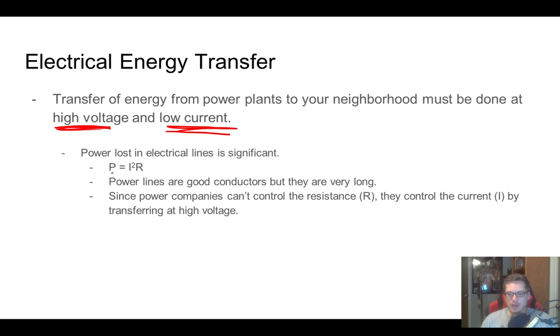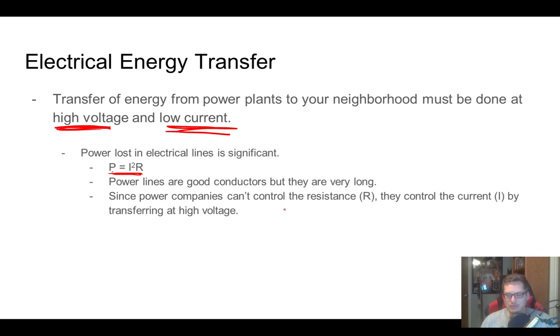All right, and we know power. This is one of the ones we derived a couple of slides ago. Power is equal to I squared times R. Now these power lines are good conductors, but they're very long. So this resistance is really low, but because they're so long, that resistance is still pretty high. Remember, one of the ways we can increase resistance is by increasing the length.